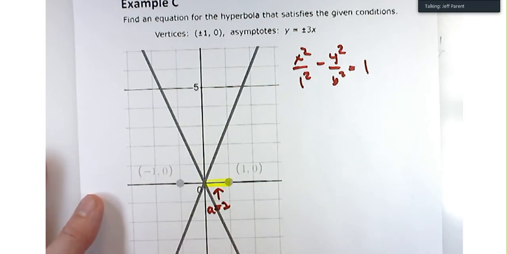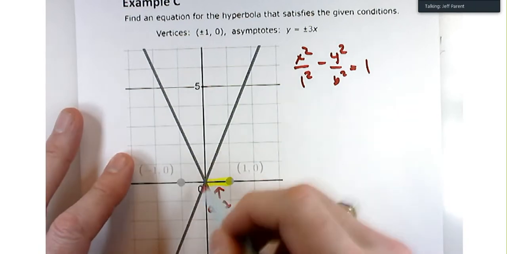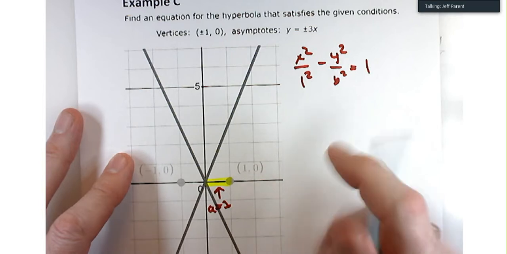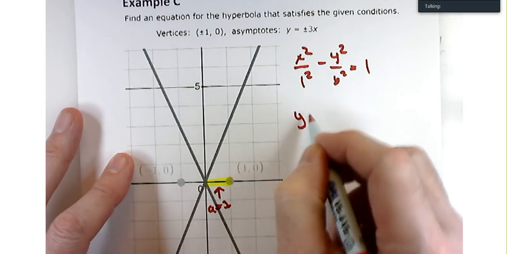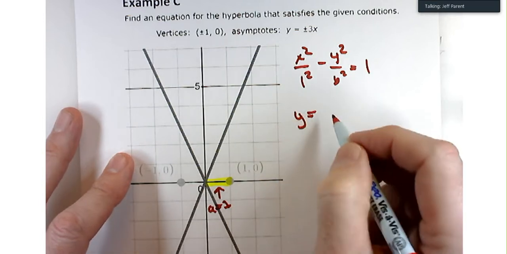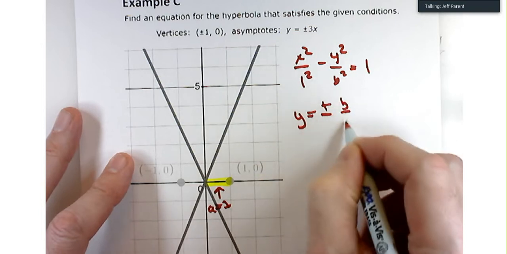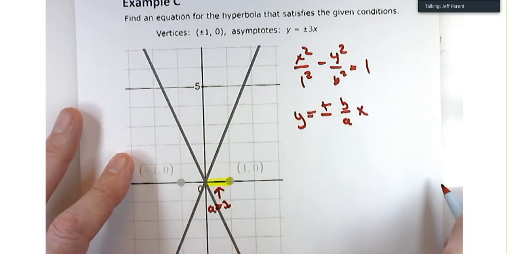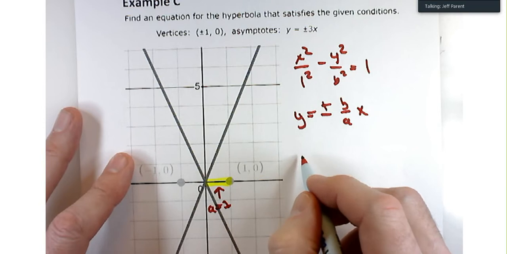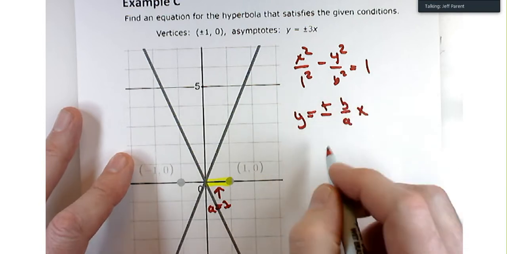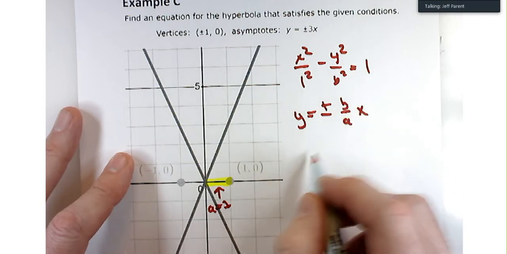Okay, now there's a couple ways you can figure out what b is, but basically the slope of this line is going to help us figure out what b is. The asymptotes have to be of the form y equals plus or minus b over a times x. So in our case, that has to be plus or minus, let's just go with the plus for the moment.